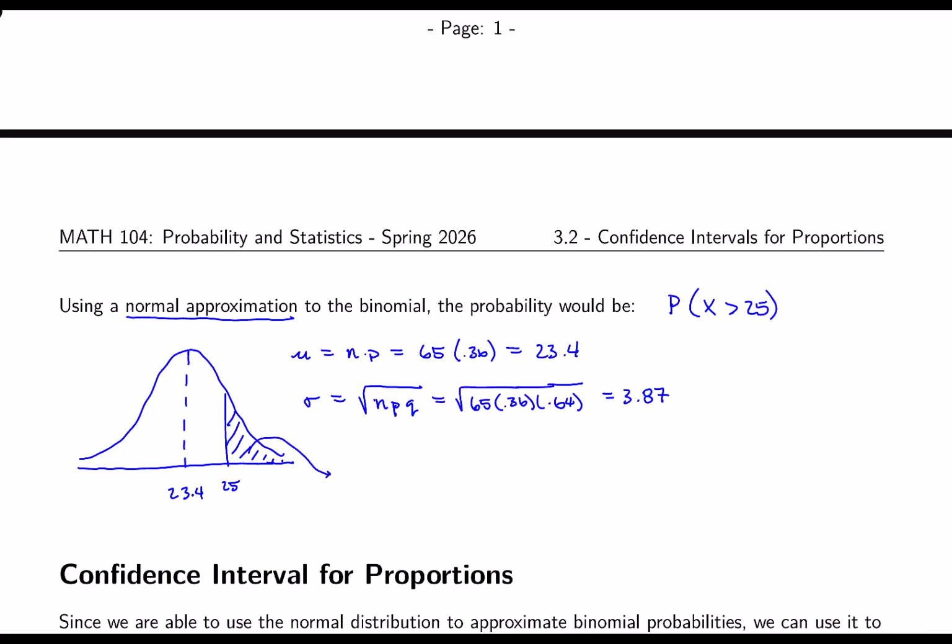So it would appear that what we would do then is we would calculate this using normal CDF, 25, and then E99, and the mean is 23.4, and the standard deviation is 3.87.